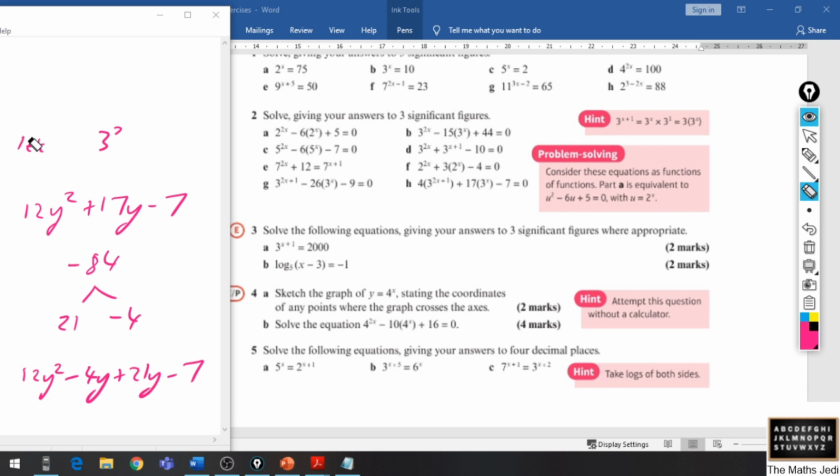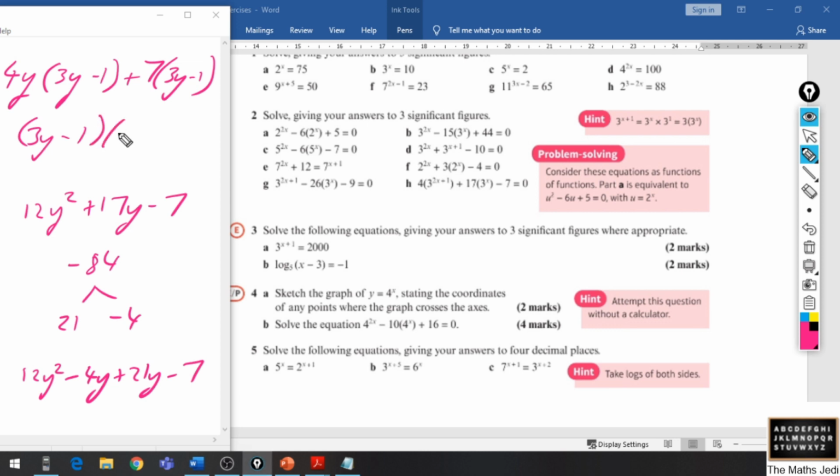Let's have a look at that. And then the second pair, 7 out is common. Pair of matching factors: 3y minus 1, sorry, and 4y plus 7.